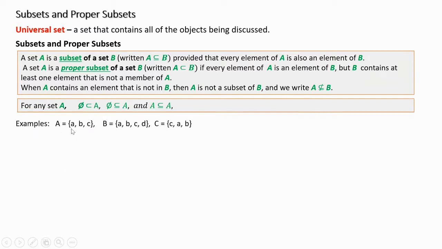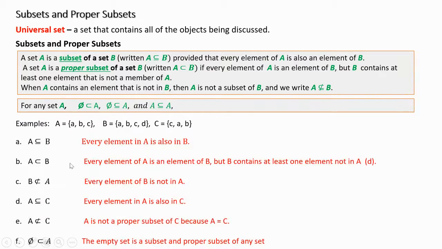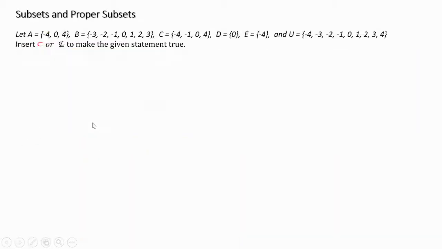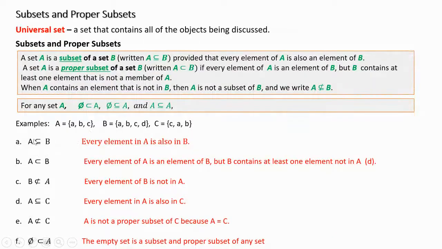Examples. Here we have set A equal to the elements A, B, and C. Set B has the elements A, B, C, and D. And set C has elements C, A, B. These are the examples, guys, so you can go over them.